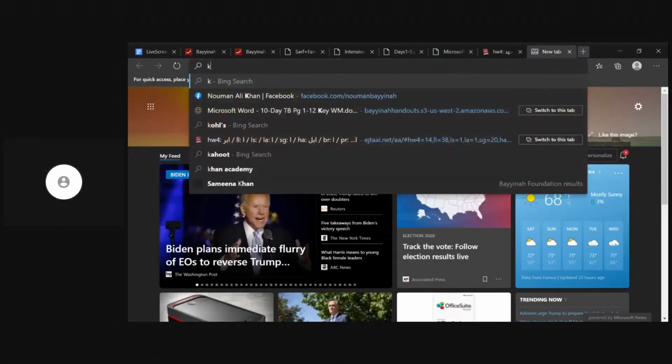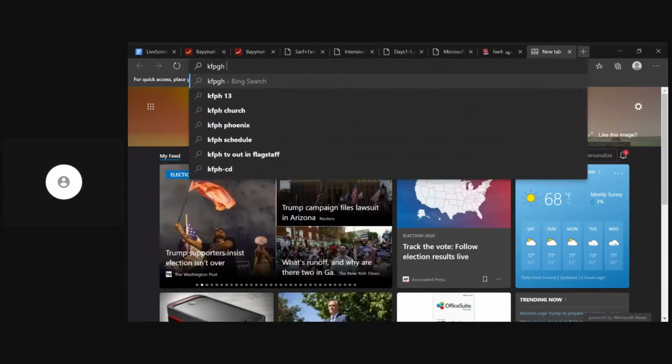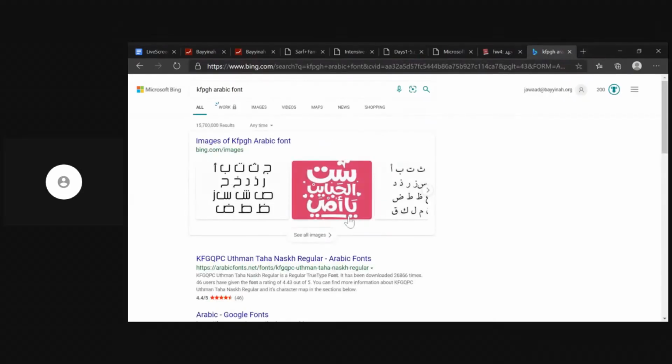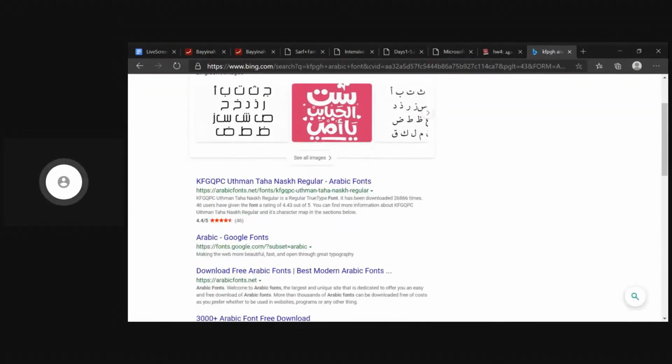Let me see if I can find it. KFP GH Arabic font. Oh, this is it. KFGQPC Uthman. That's the font. So if you want to Google it, that's how you Google it, and then you can download that into Word. That's the one Ustad uses.